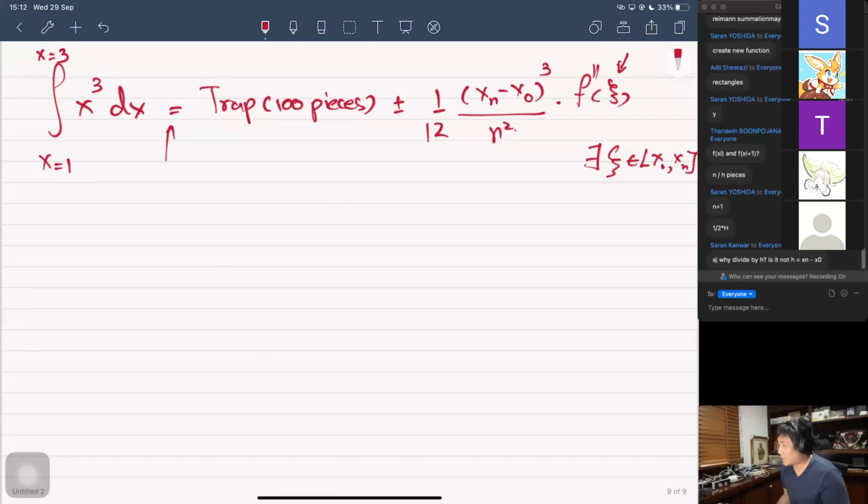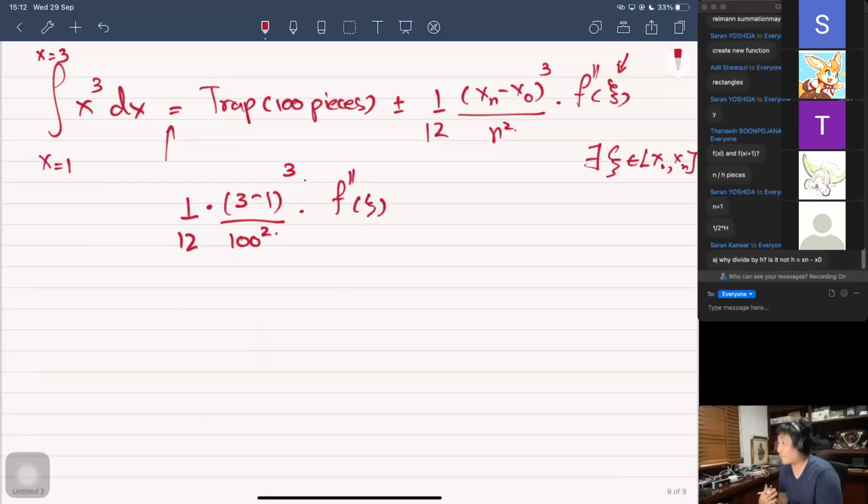So here's what you need to do. To see what the error is, you do 1 over 12 multiplied by 3 minus 1 cubed, divided by n squared, which is 100 squared, multiplied by f double prime of c.